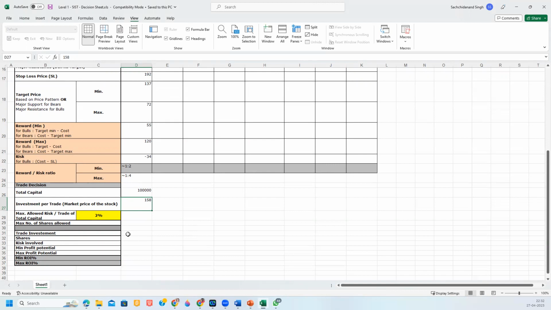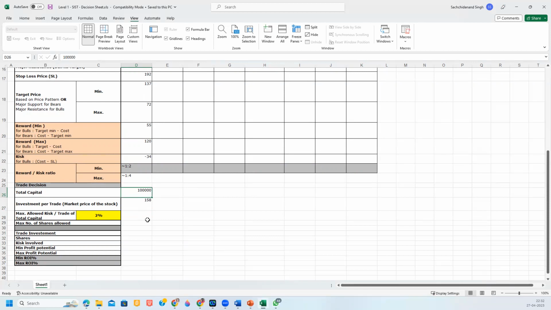Okay, in that case, your total capital should be what you are going to invest for this stock? No, total capital is what I have. Out of the total capital, I will use my fund allocation criteria, maybe 8 to 20%, and based on that allocation I will decide how much investment I am willing to do for this one.